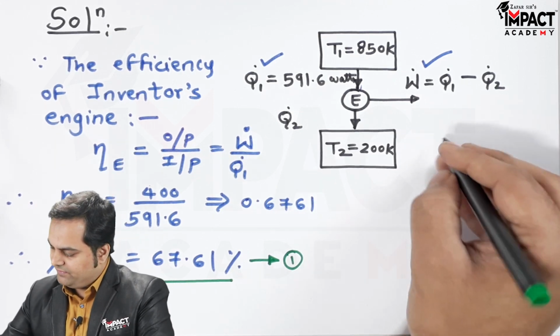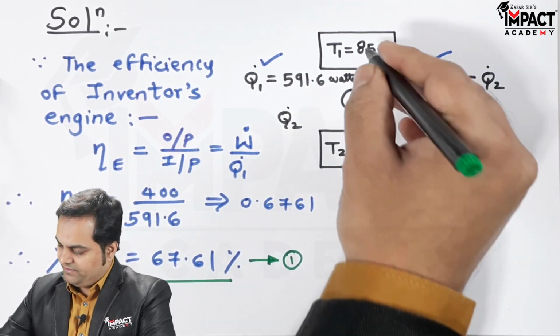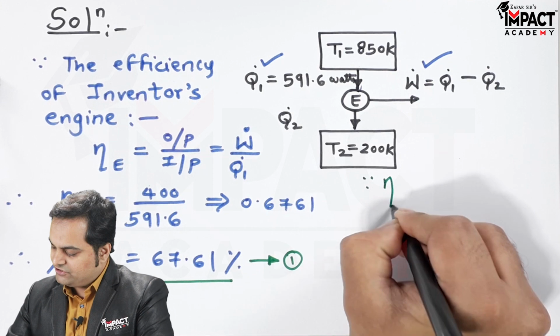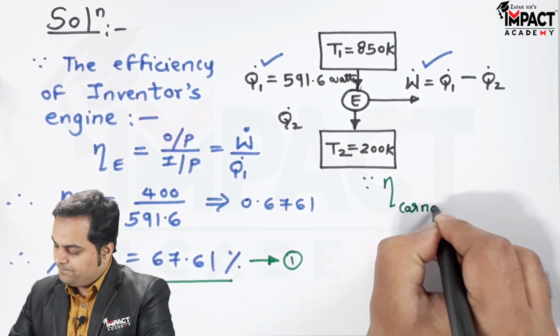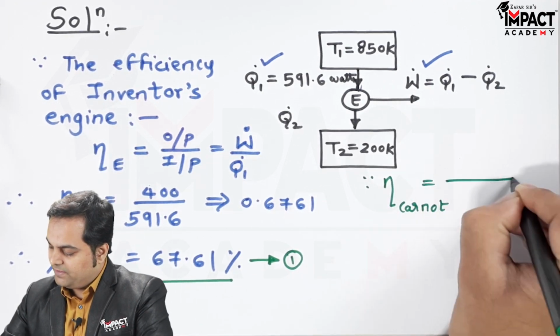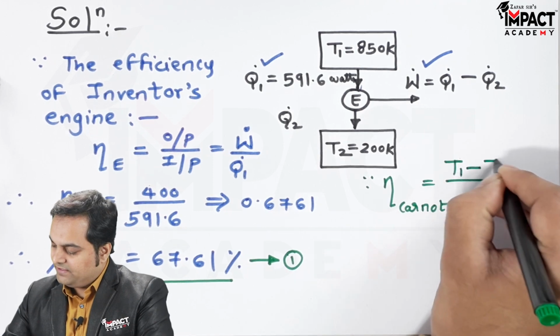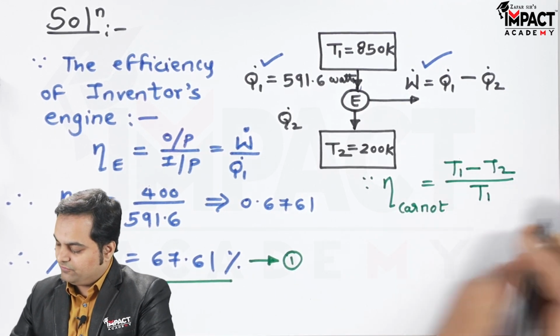Between the same temperature limits, it is given by source temperature minus sink temperature divided by the source temperature.